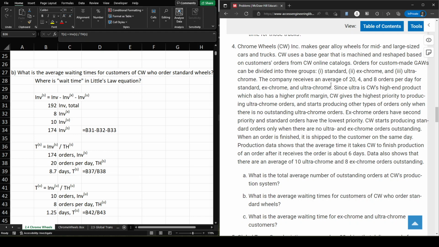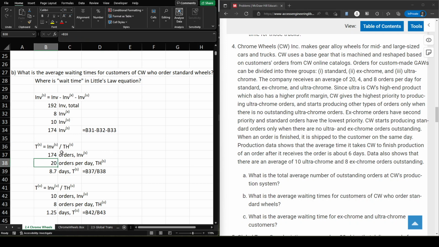That being an assumption, we can then use the incoming orders that they receive per day as the throughput that they complete per day. So we're going to assume that that is the case here, as indicated in the chapter, and that 20 orders per day is the throughput.